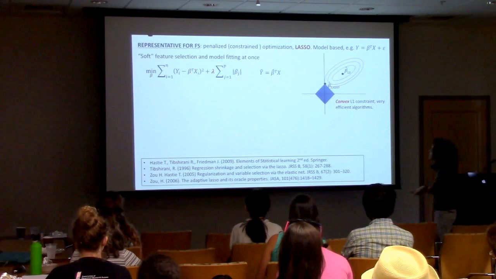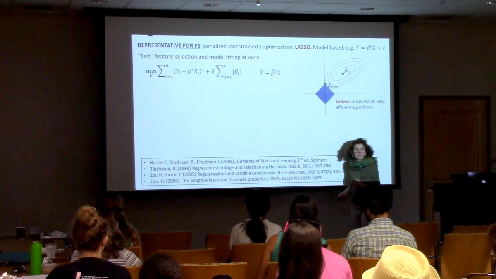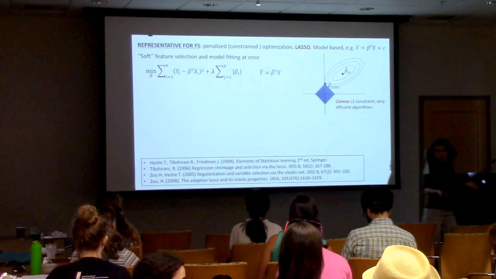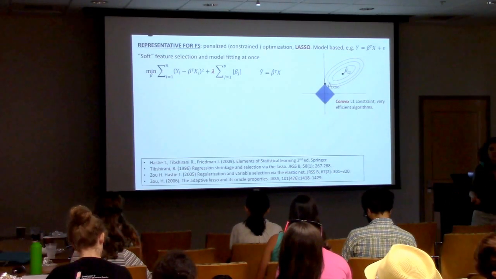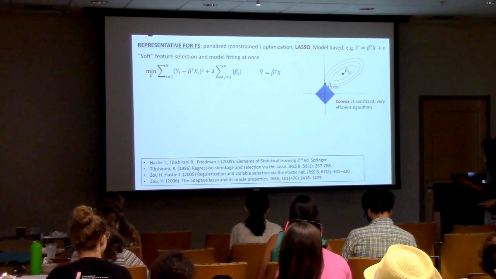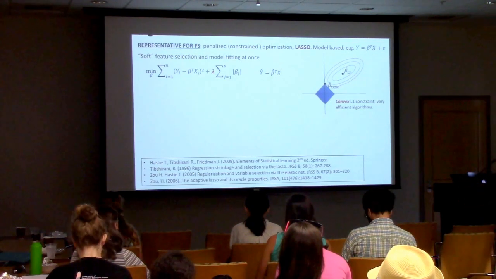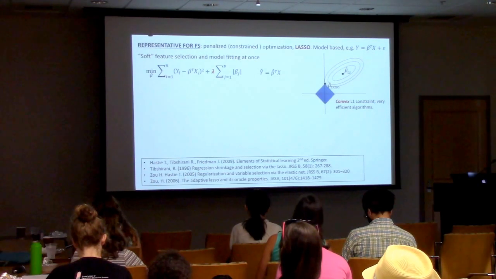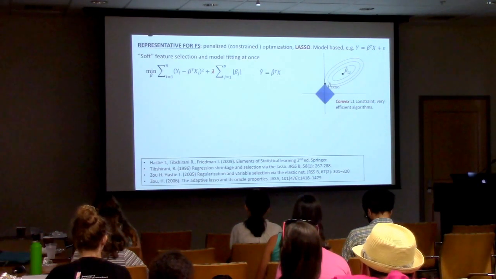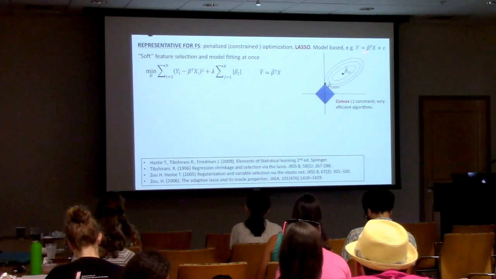Cartoonishly, I'll show you one representative for feature selection, which you probably all heard about. Anyone who's never heard of the lasso? No, very good. So what's the lasso? The lasso is a way of penalizing the objective function that you're using to fit a model. It is model-based.